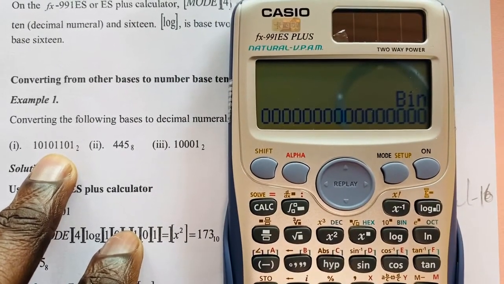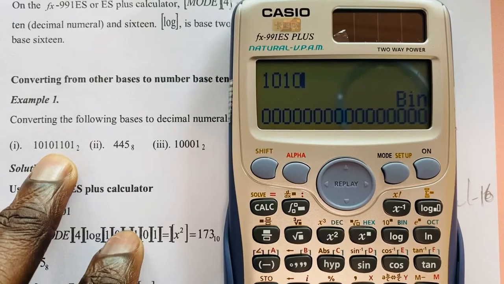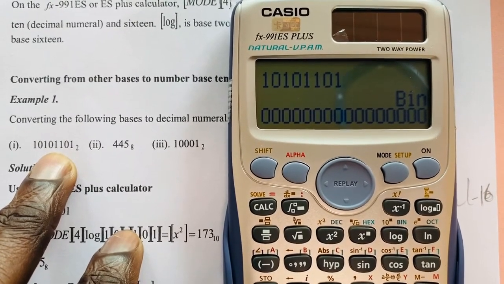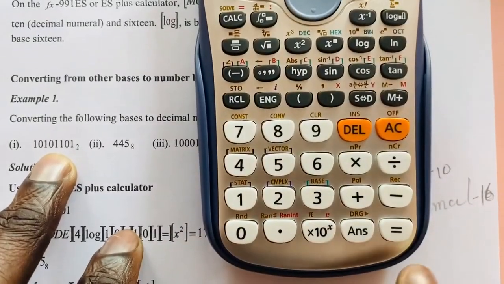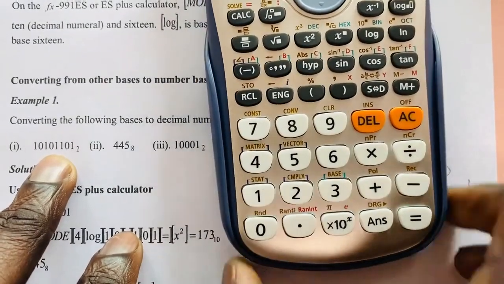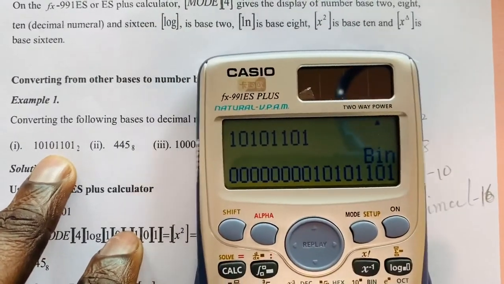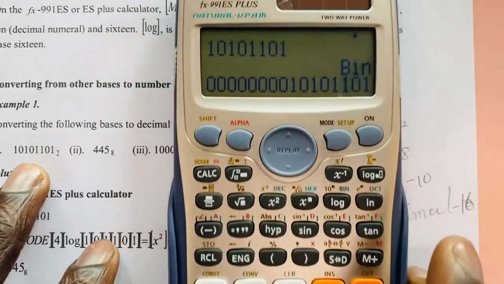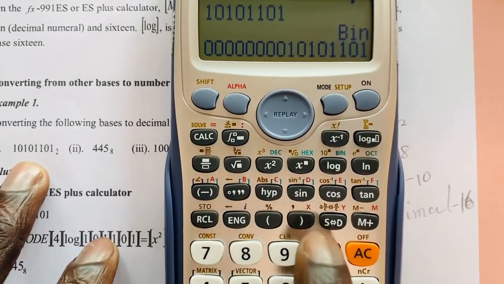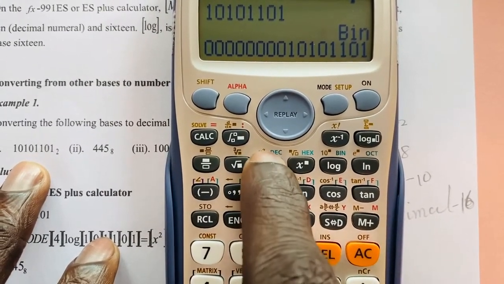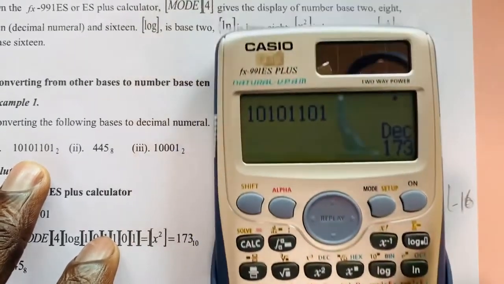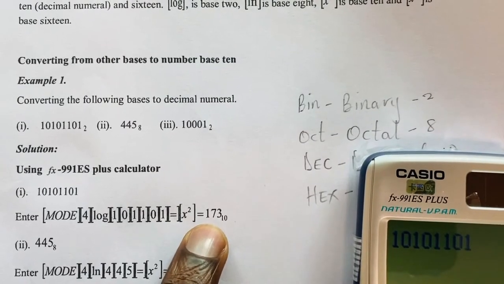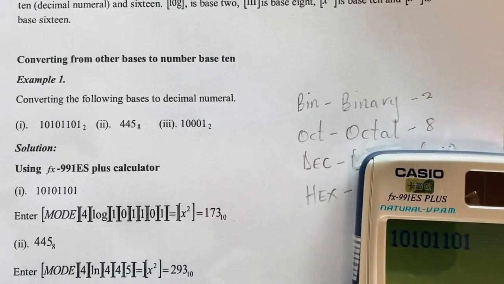So now we have 1 0 1 0 1 1 0 1, and you go to the equal sign. When you go to equal sign, we are still in base 2. So what we have to do next is go to where base 10 is, and this is the base 10. When you click on it, it converts it to base 10 for you. So now we can see here 173 base 10.